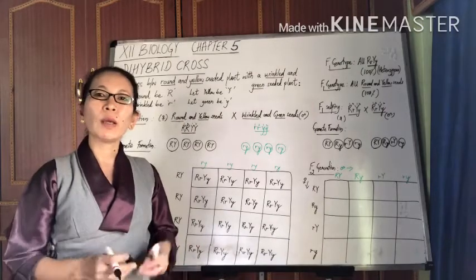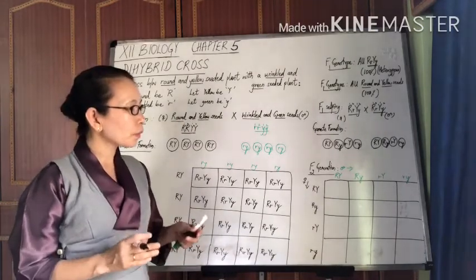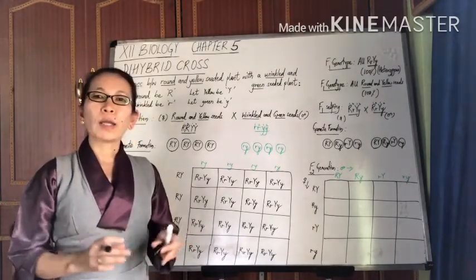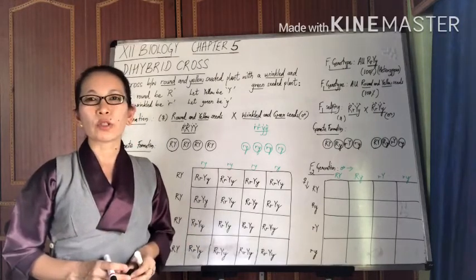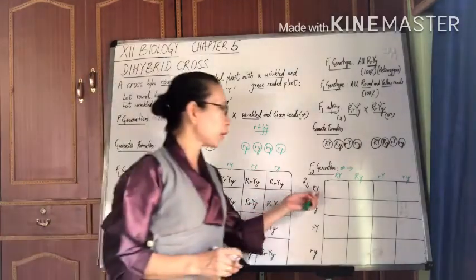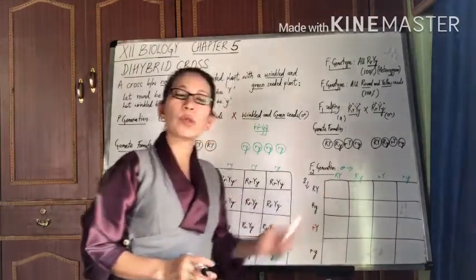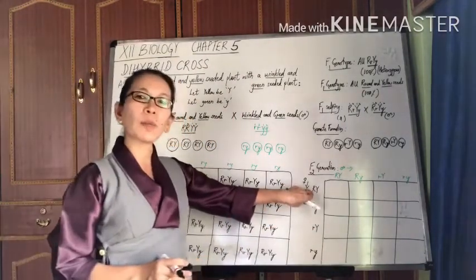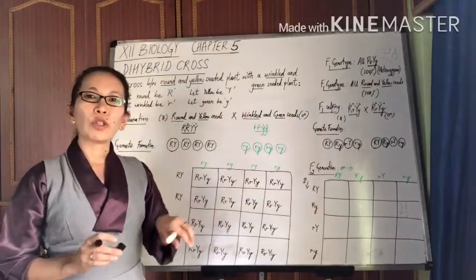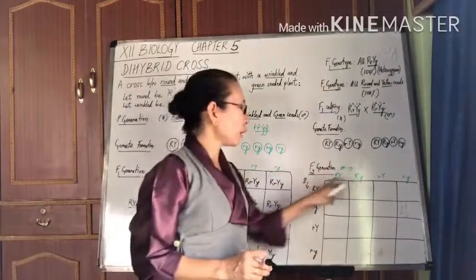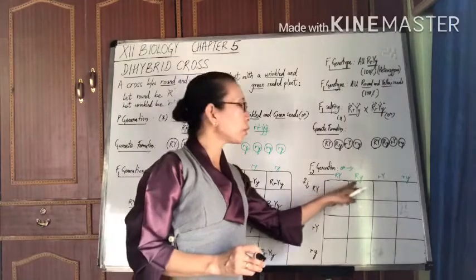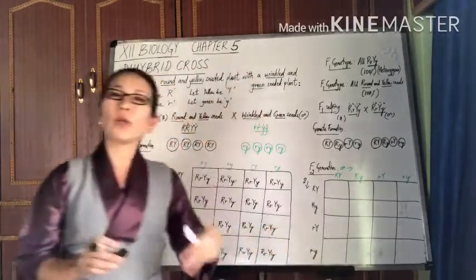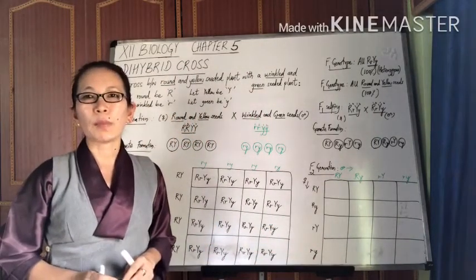This shows all the random chances of fertilization. Each of the female gametes has an equal chance of combining with any of the male gametes.